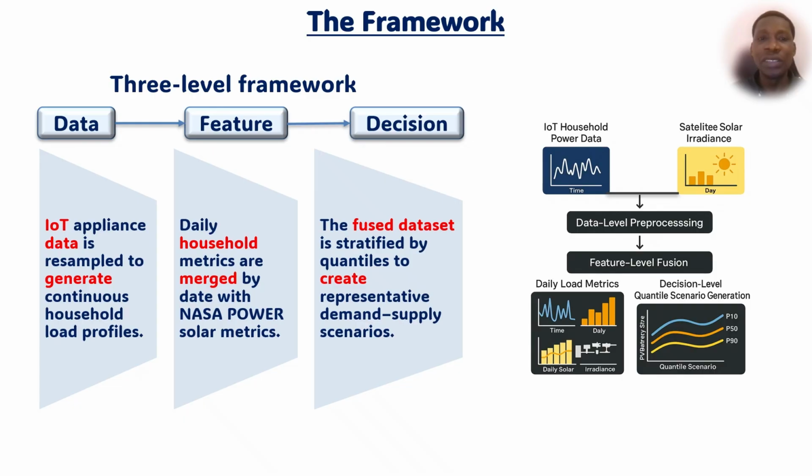The decision level is where the fused dataset is stratified by quantiles to create representative demand and supply scenarios. Beside here is the schematic of the framework which was employed in the study.